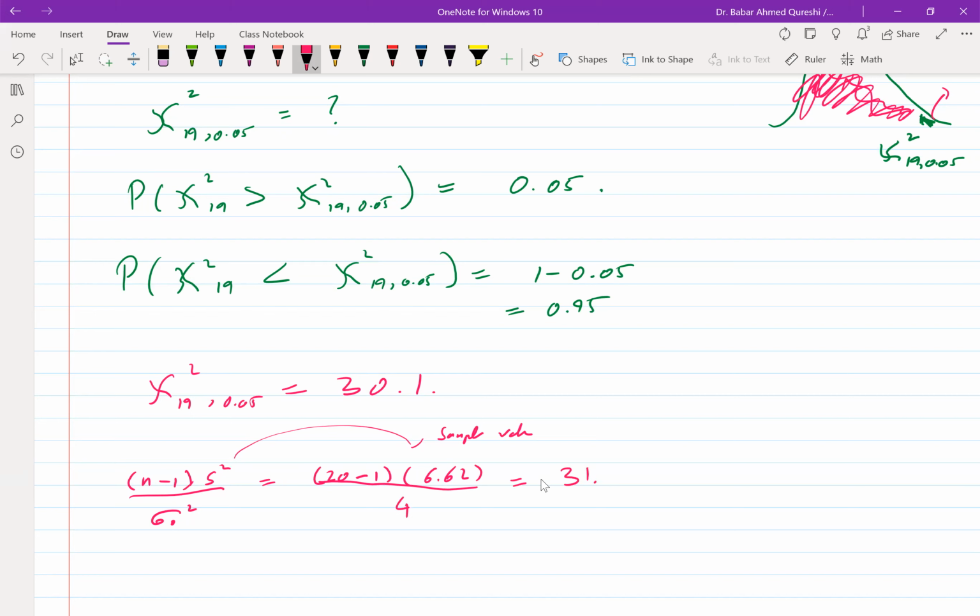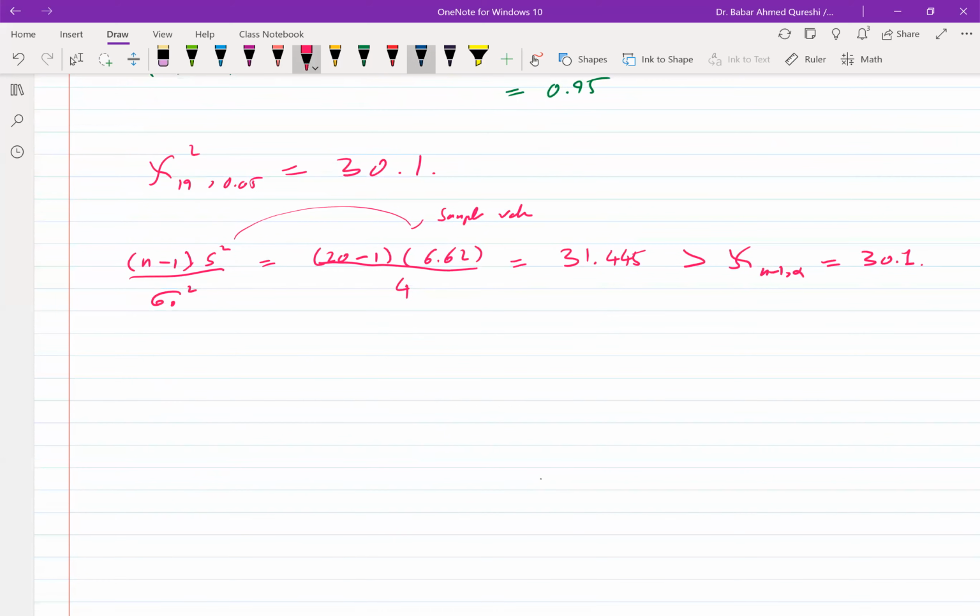So this gives me 31.445. And since it is greater than the critical value, which I just computed to be 30.1, so that means H naught is rejected.